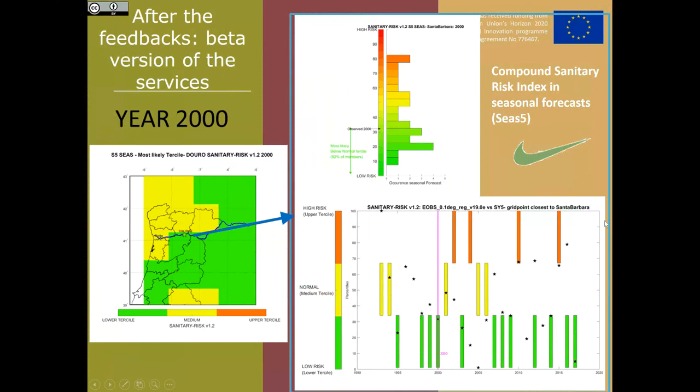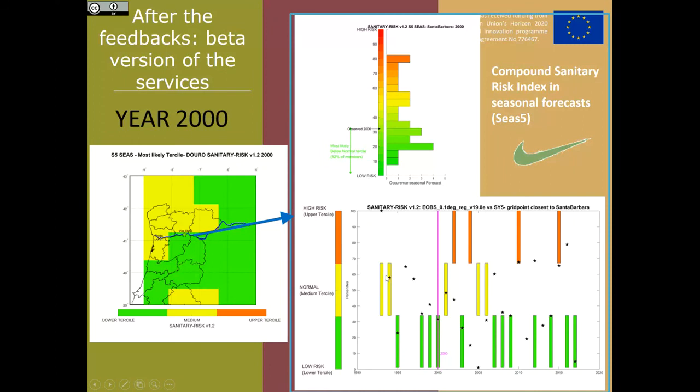In this case, the users can have an idea on how many times the seasonal forecast can provide the right forecast for that season.